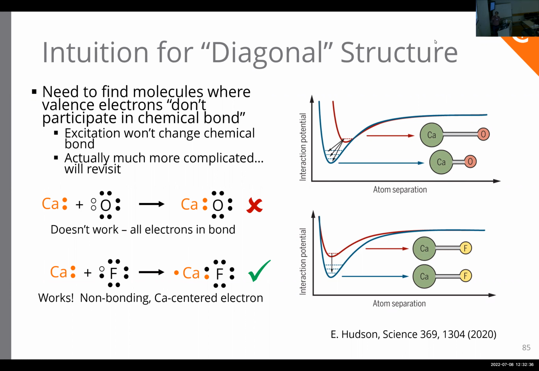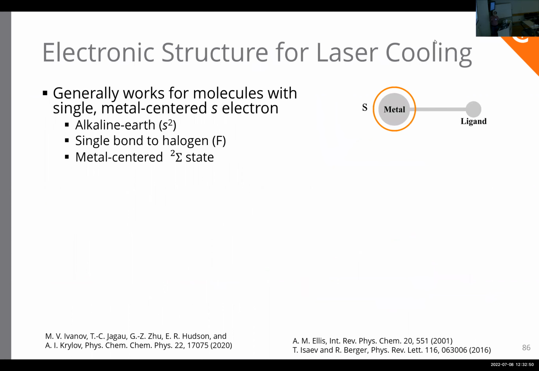And by the way, this also works if you replace this fluorine with something else that takes an electron, like OH. So polyatomic molecules, this also works. That's another area I'll talk about.